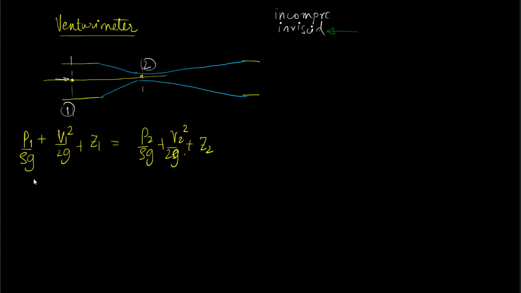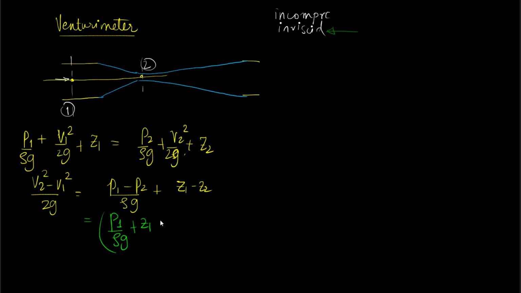And therefore we can write (V2 square minus V1 square) upon 2g is equal to (P1 minus P2) upon rho g plus Z1 minus Z2. Or we can group certain terms. So we can make a group like this: (P1 upon rho g plus Z1) minus (P2 upon rho g plus Z2).